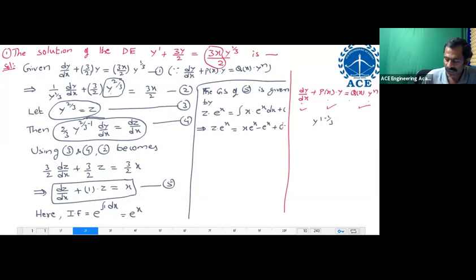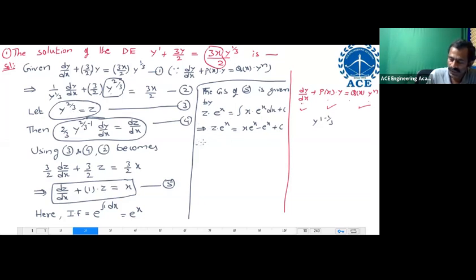This is the solution of equation 5, but we require the solution of equation 1. Equation 5 is an equation in terms of two variables z and x. That is why its solution is in terms of x and z only. But we require the solution of equation 1 in terms of x and y. So replace z with our assumption y power 2 by 3.